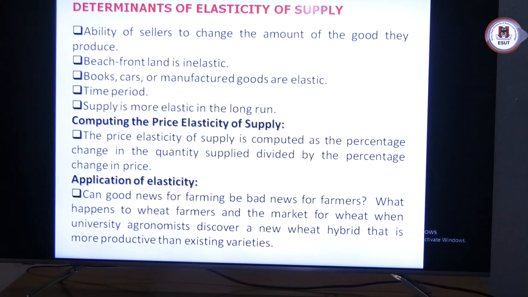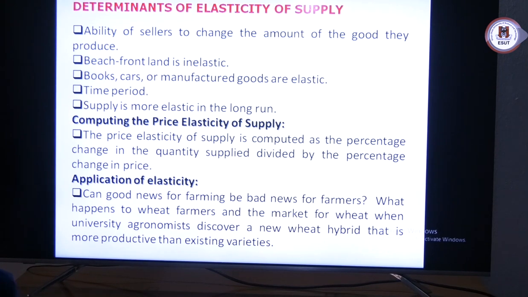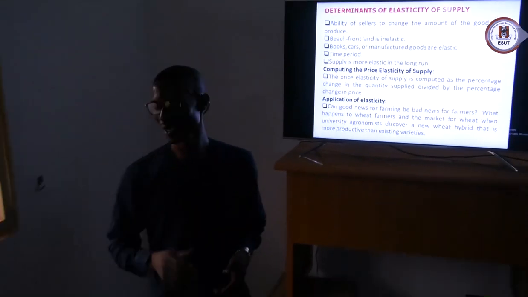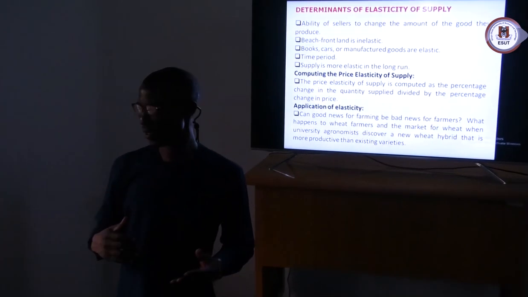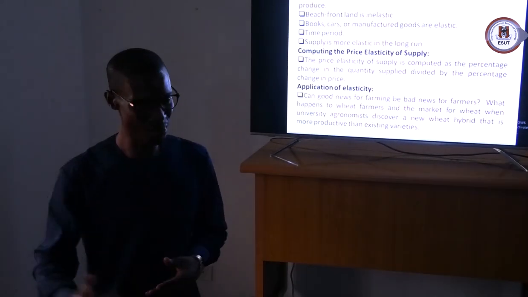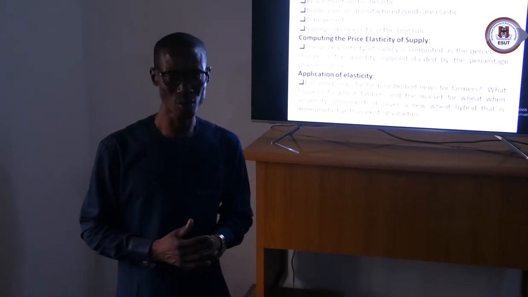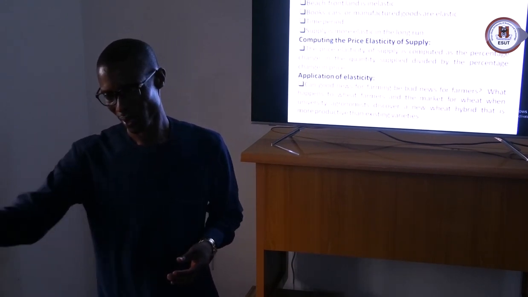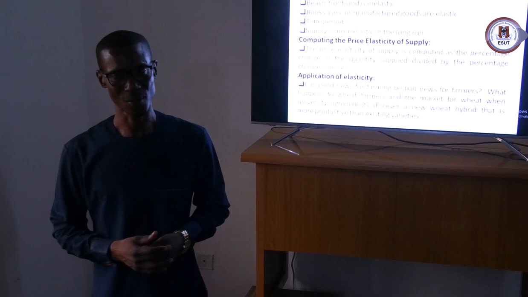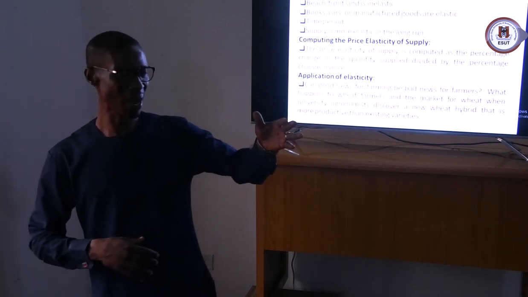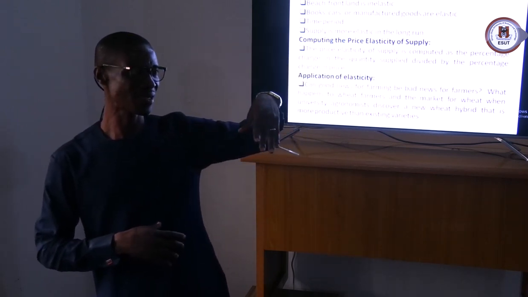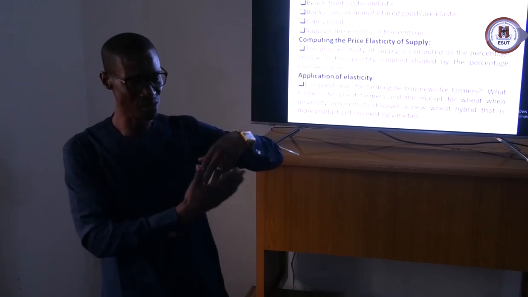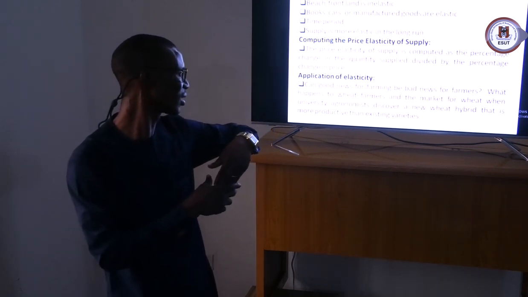We apply elasticity in different forms. Firms need to measure the elasticity in order to know how supply will respond when the price of a commodity changes, and the consumer also uses elasticity to know how much quantity demanded changes.